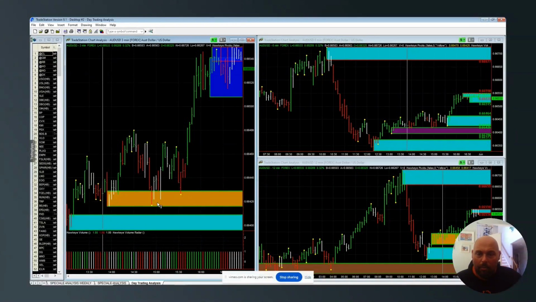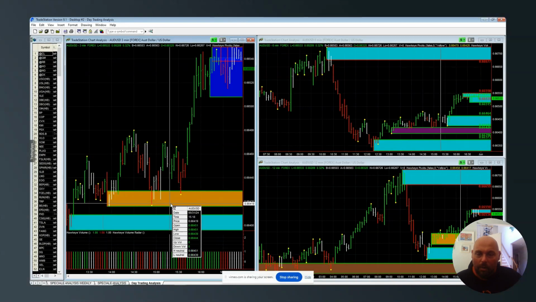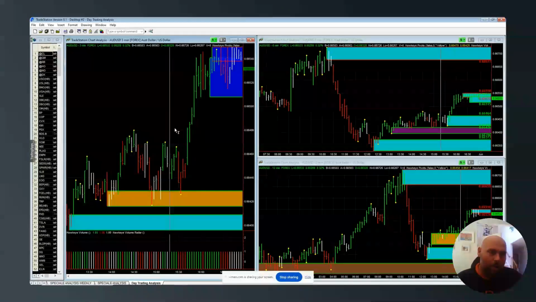So this is a great pullback to literally only be risking a few pips and going, if I'm wrong, it's okay. If I'm right, man, am I going to try to make some money? So you could see at this time, from an overhead perspective, there's no immediate resistance, which is wonderful. So I'm looking to get long here, looking to place a stop right below the zone.